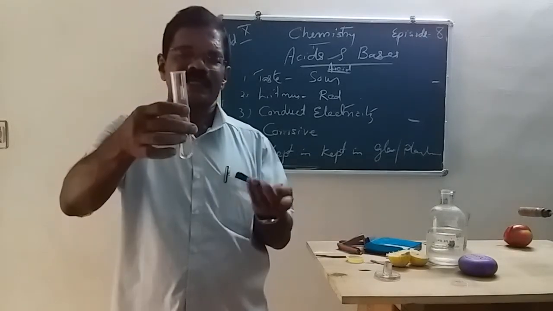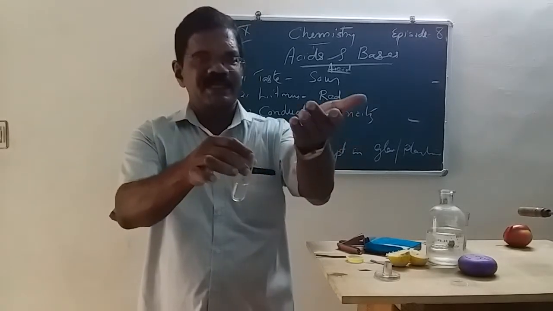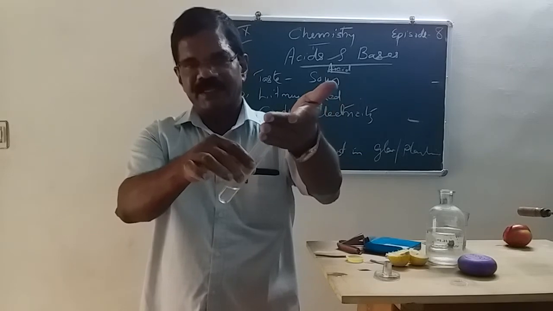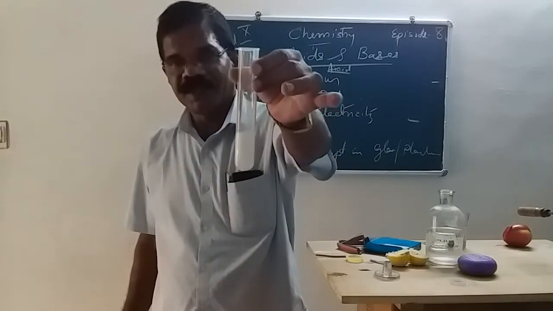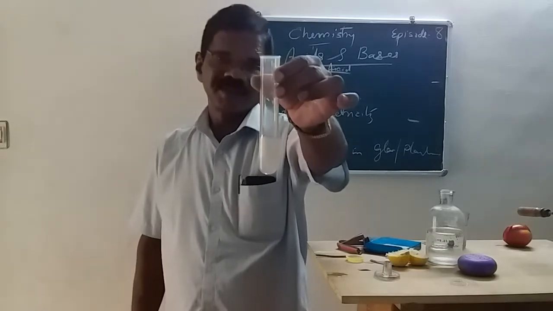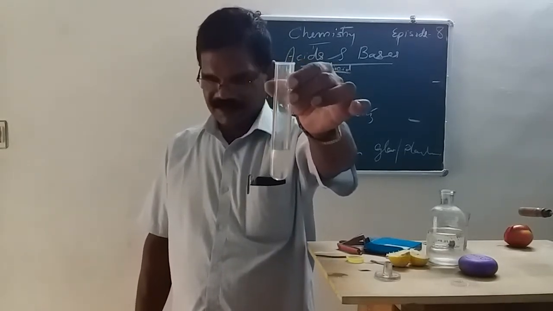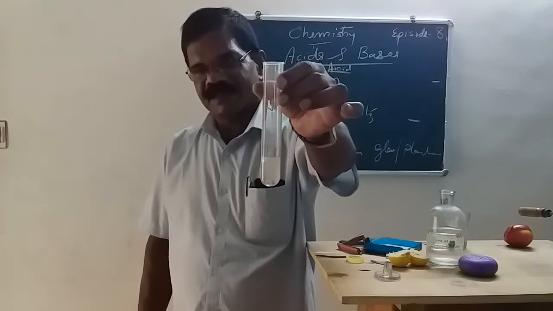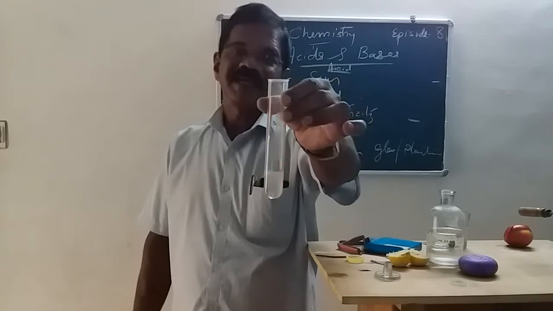What are the reactants here? This is dilute sulfuric acid. We add some sodium carbonate to it. Look here, brisk effervescence of carbon dioxide gas. Dilute sulfuric acid reacts with the sodium carbonate to produce sodium sulfate and carbon dioxide.